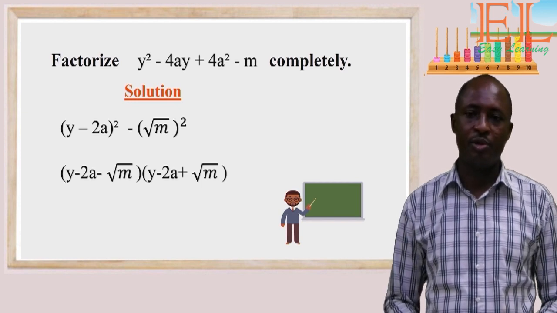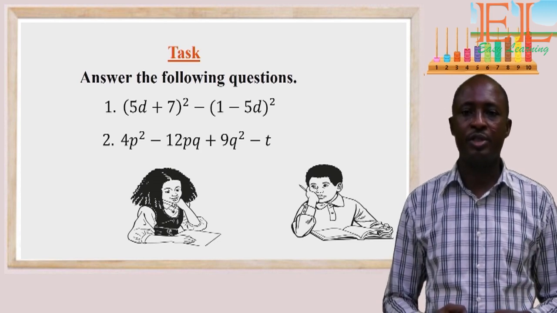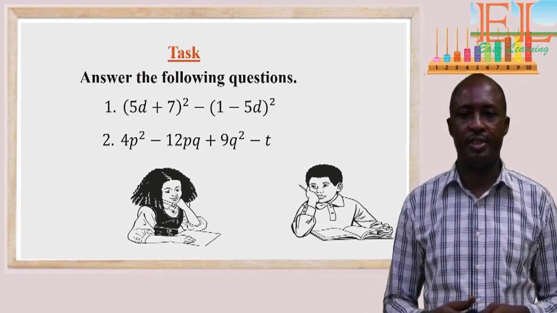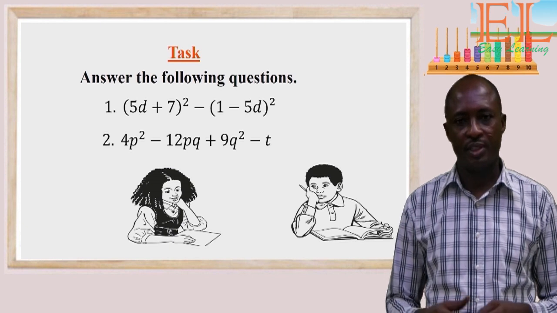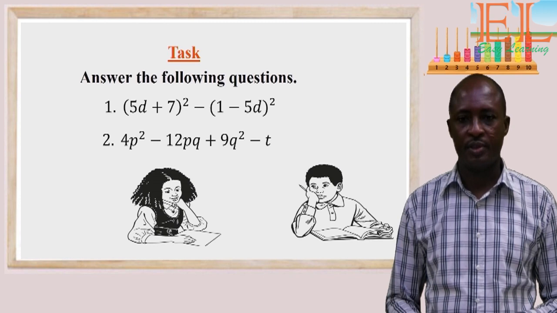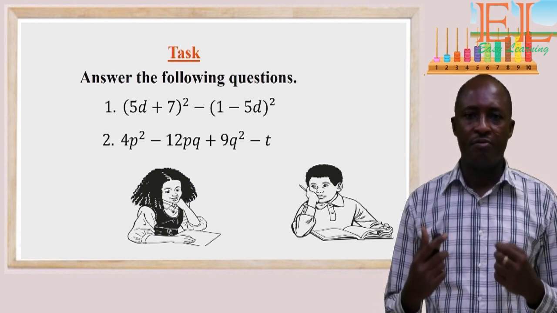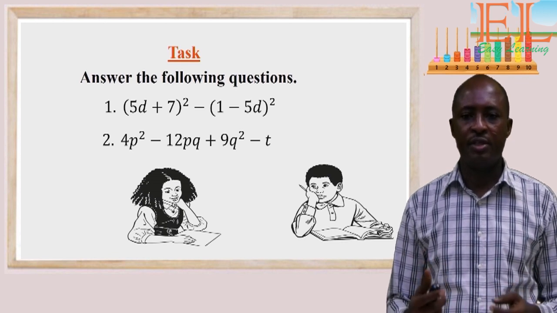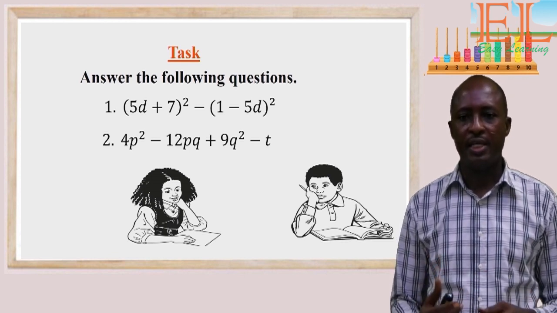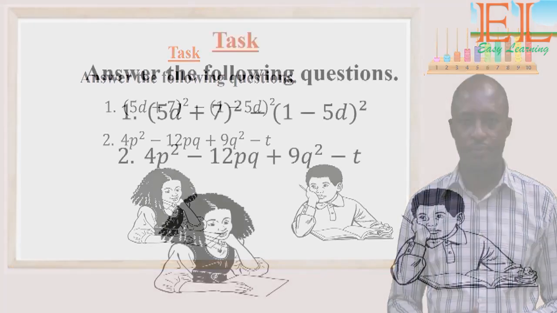So, with this knowledge, you can also try the following questions. Try them at home, try with your friends. 1. Factorize 5d plus 7 all squared minus 1 minus 5d all squared.